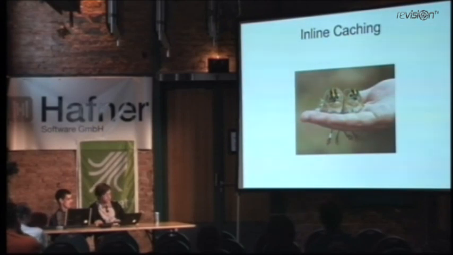Inline caching. BESEN has 3 inline caching states. First is monomorphic, which is a simple lookup to determine the type of the variable.